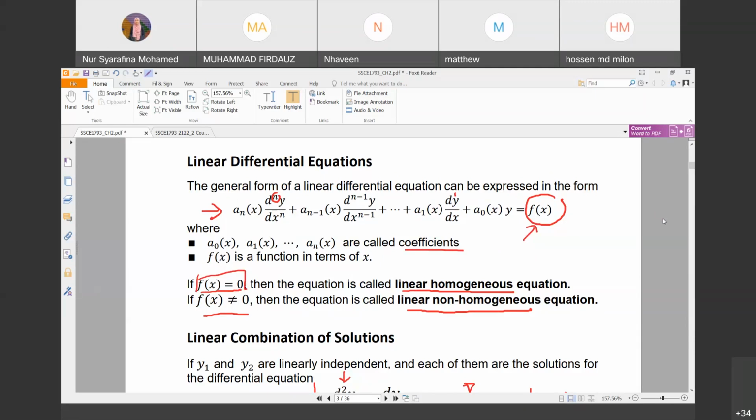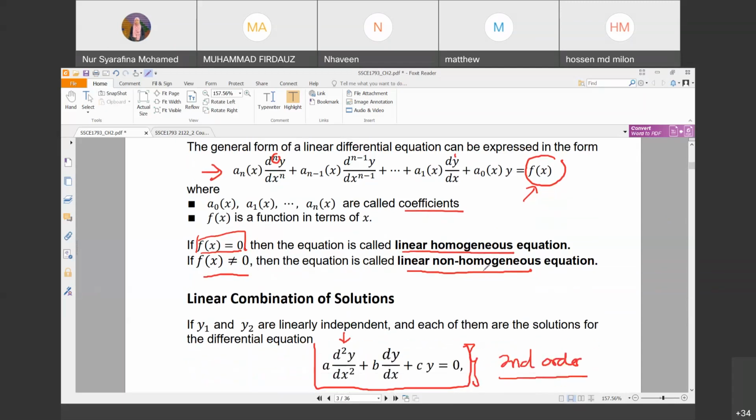As long as there is something in that f(x) which does not equal 0, then we call it a linear non-homogeneous equation. So for this chapter, we're going to proceed on how we can find the solution of linear homogeneous and linear non-homogeneous equation.